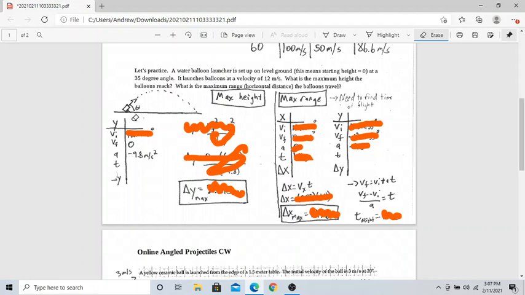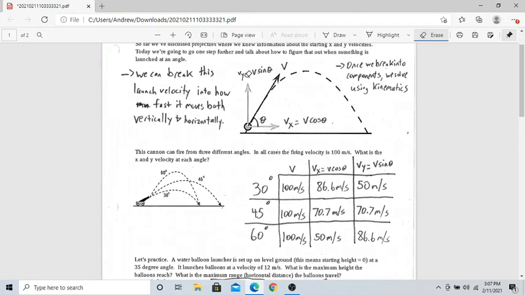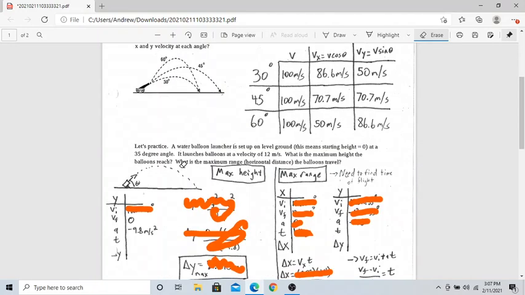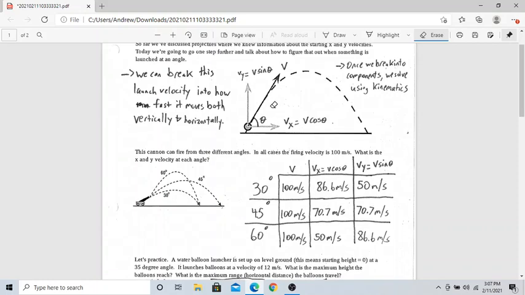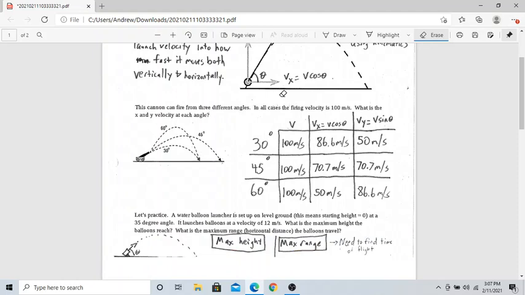Now, the last piece of information we need to know is what the starting velocity is. And to figure that out, we have to go back and use our idea about breaking velocity into components. Because this velocity is at an angle, to make it into something I can actually use, I have to figure out what the y component of the initial velocity is. Okay?